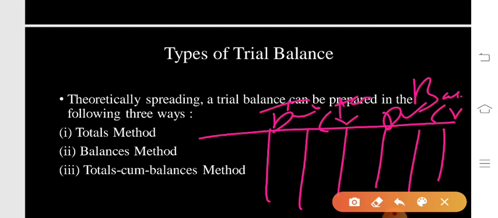Now if you ask me, ma'am, which method is correct? So I'll say that all three methods are correct. But if you ask me which method is more appropriate, I'll go for this one. Reason being, I had 2 lakh rupees when I started business.